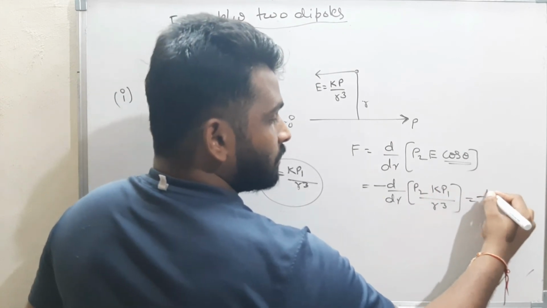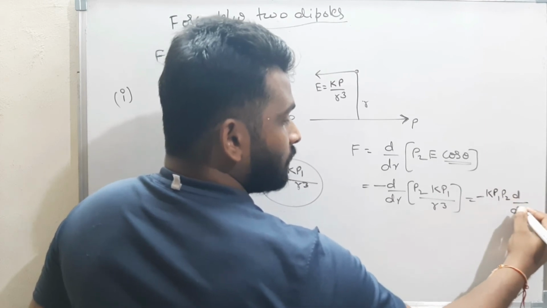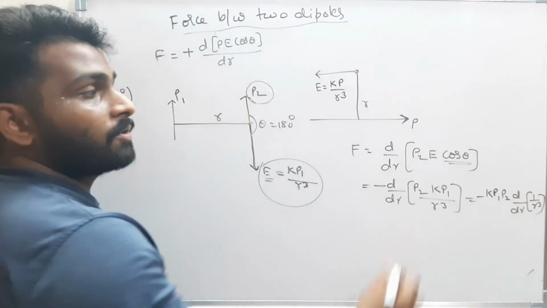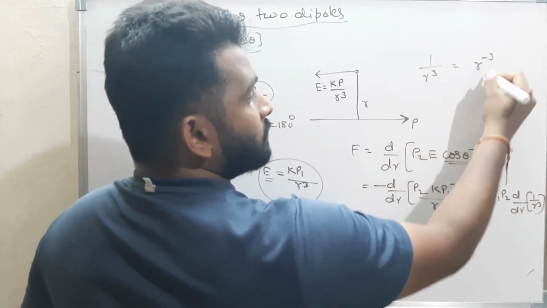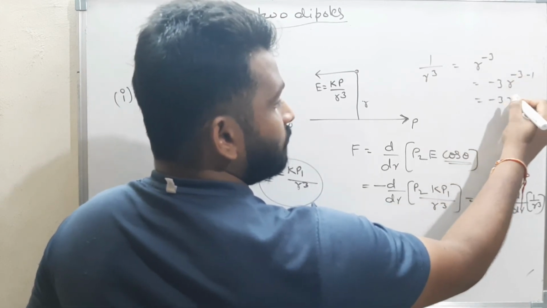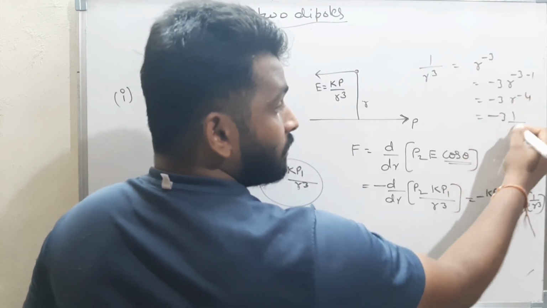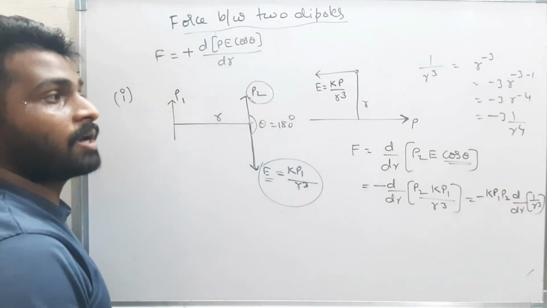Therefore, P1, P2, k are constants and come out: minus kP1P2 d by dr of 1 by r cube. What is the differentiation of 1 by r cube? It is r power minus 3, so minus 3 r power minus 3 minus 1, which is minus 3 r power minus 4, that is minus 3 times 1 by r power 4. You will accept that.